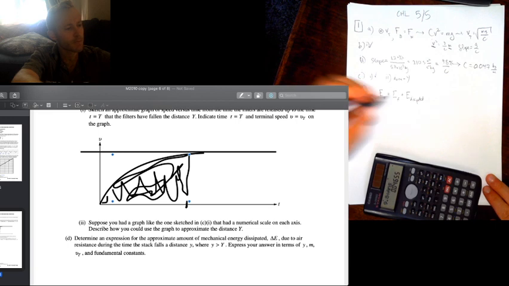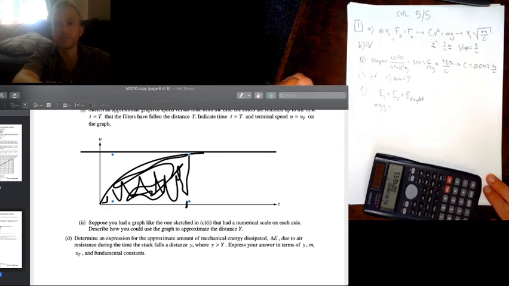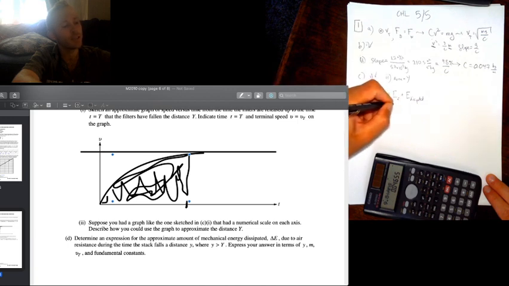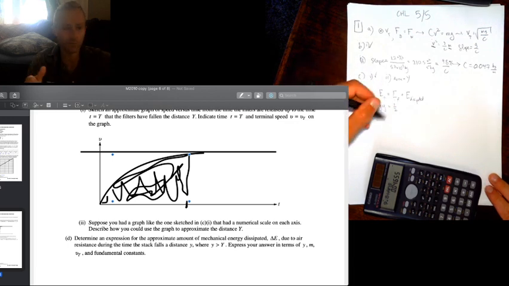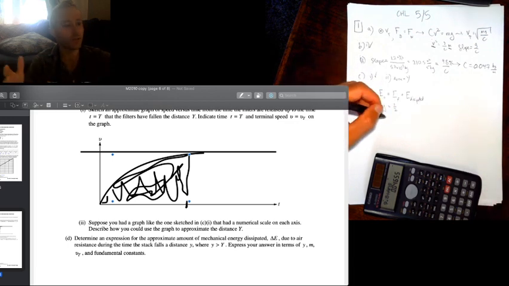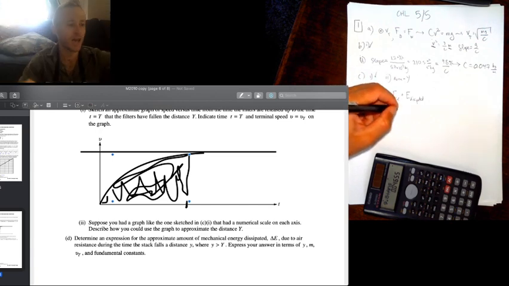So the initial energy is gravitational potential energy, mgy. The final energy is kinetic energy, but it is not the actual amount of kinetic energy that it should have, because our speed is capped off at the terminal speed.